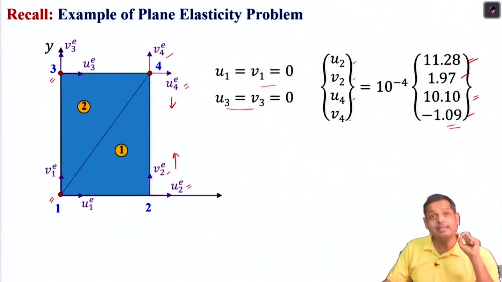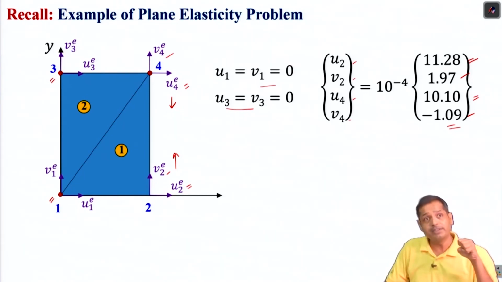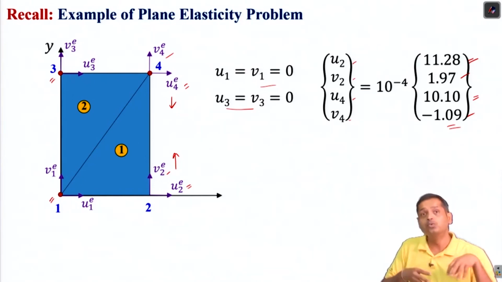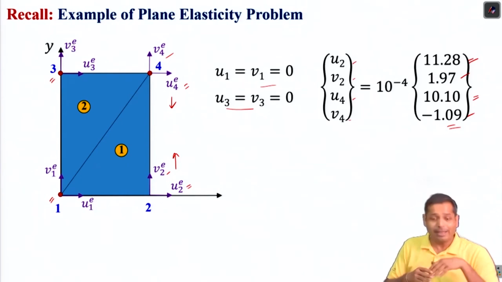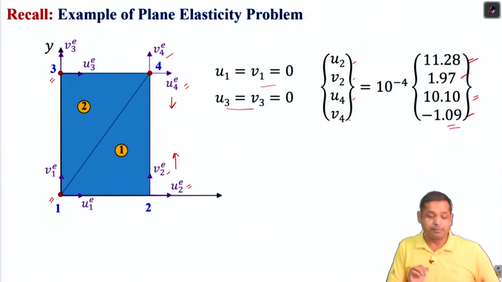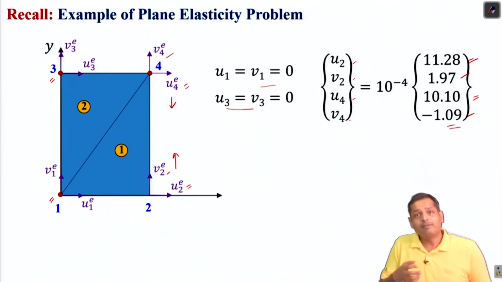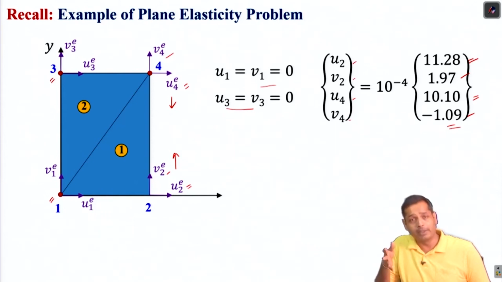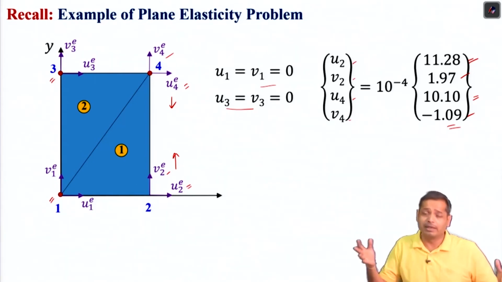Now this observation is interesting because we have just two elements only, and the domain is also very simple. Eventually we will be applying the finite element method to very complicated geometries, having a large number of elements, and then we get a solution.